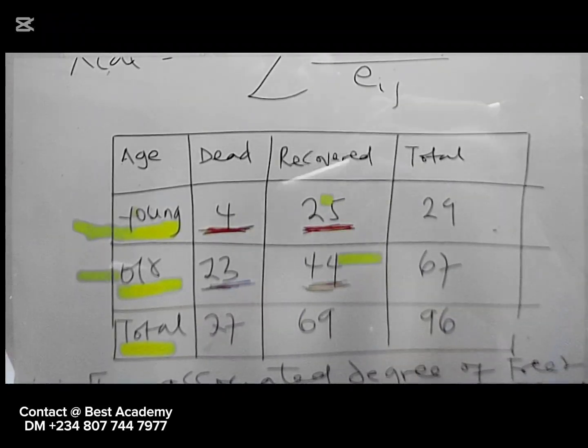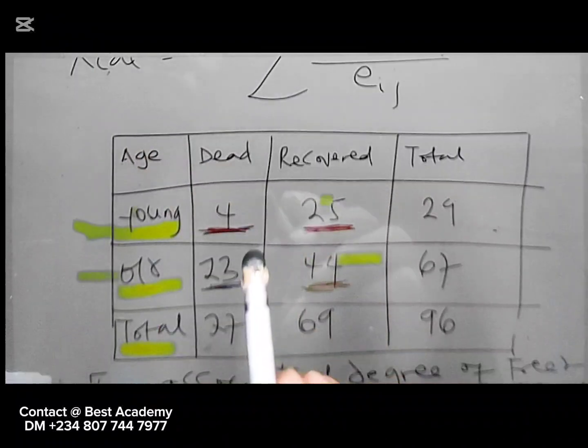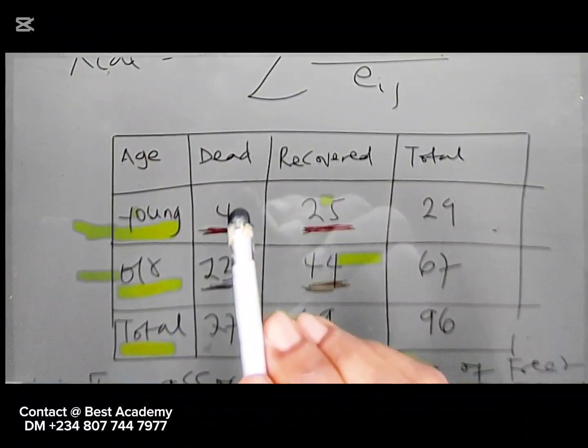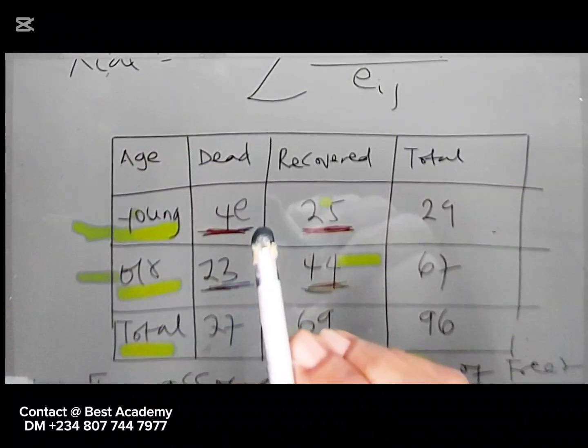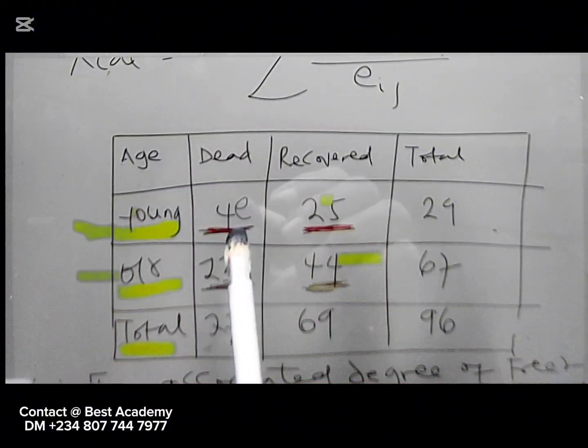But before we calculate an expected frequency, we have to know how to specify the expected frequency in terms of the row and the column. Please take note. To specify the expected frequency here, it is going to be E of row and column.